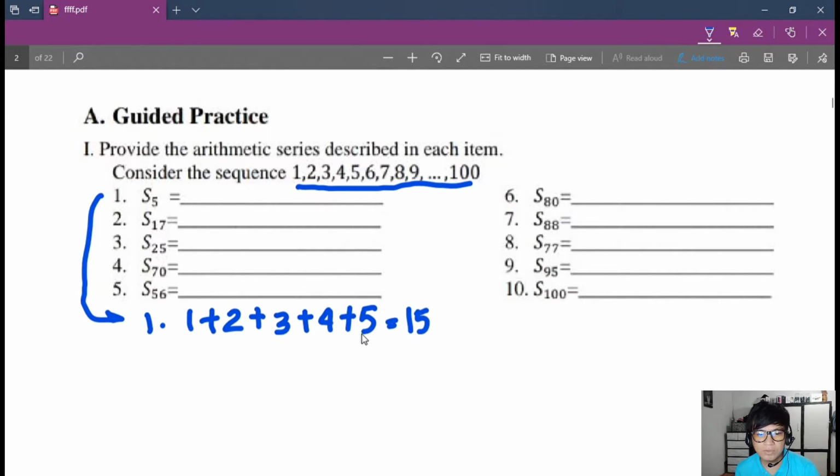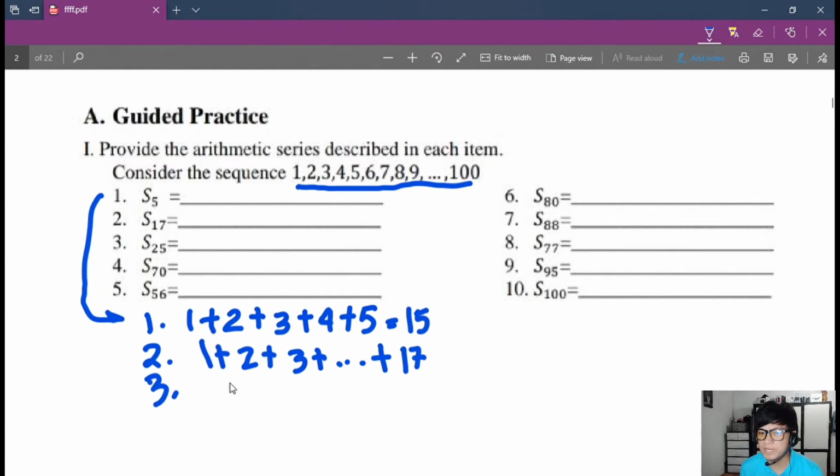For number 2, ganun din ang gagawin ninyo. Number 2, that is 1 plus 2 plus 3 plus dot hanggang 17. Number 3, the sum of first 25 terms.